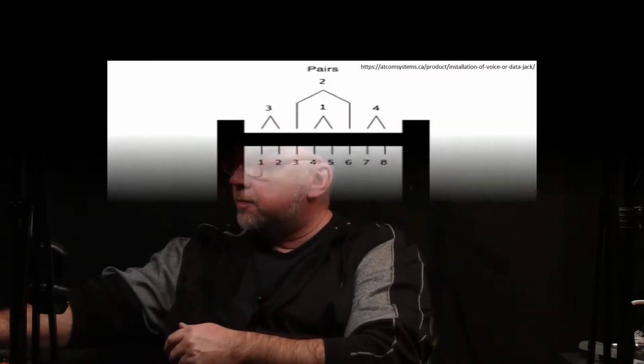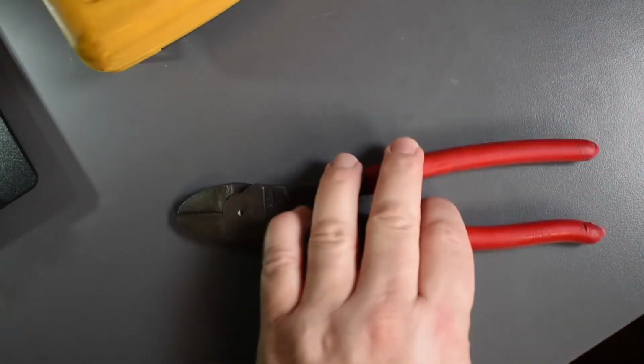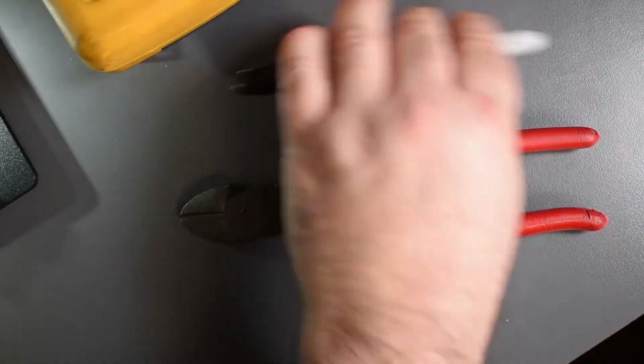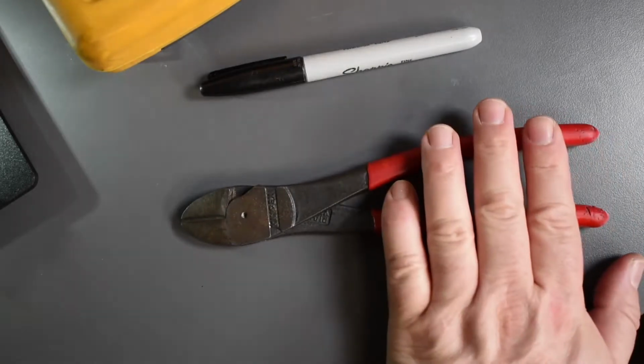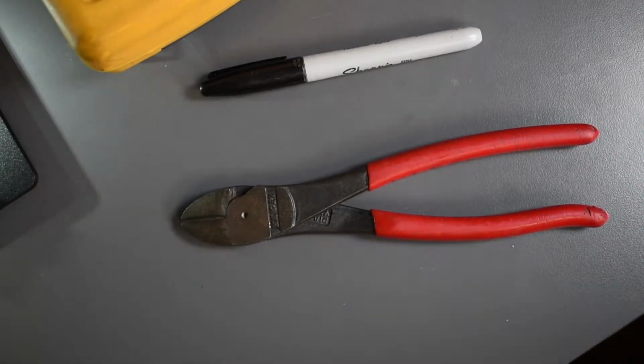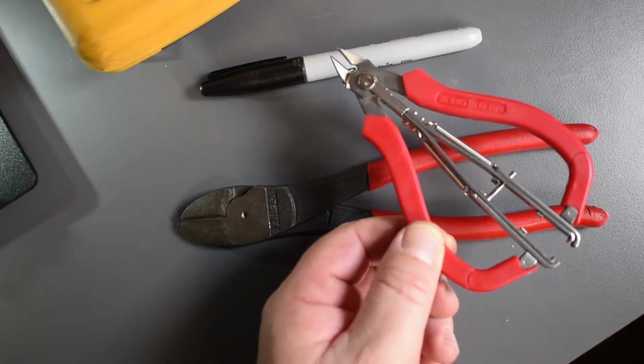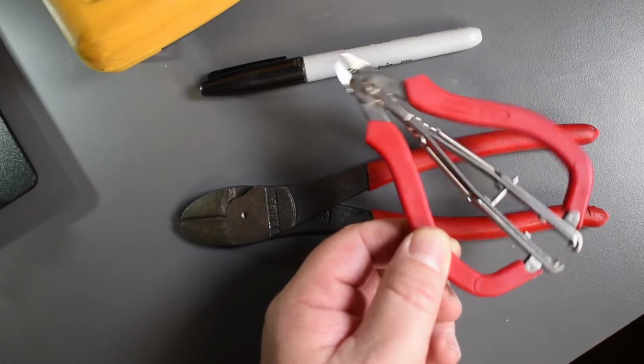Now the tools that we need for this are side cutters. Just gonna put it here. All right, and you need a Sharpie. Now, when it comes to side cutters, please do not bring those. You're going to struggle with cutting the data cable with these.